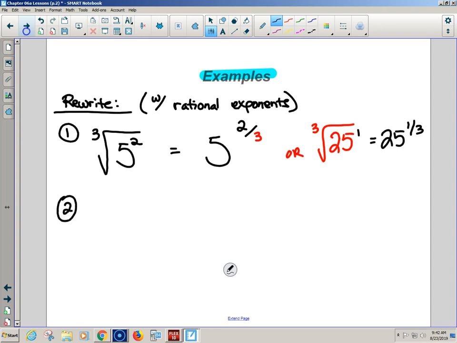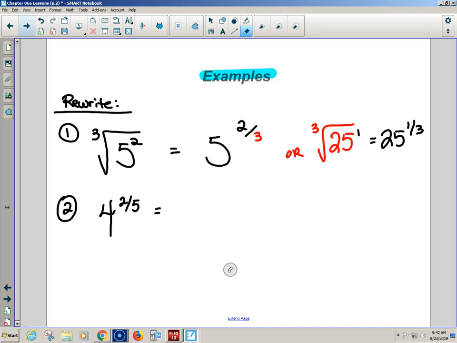What if I was to ask you to rewrite 4 to the 2/5, going the other direction? How would you guys go the other direction? What if you weren't going to the rational exponents, but you were going to the radical?